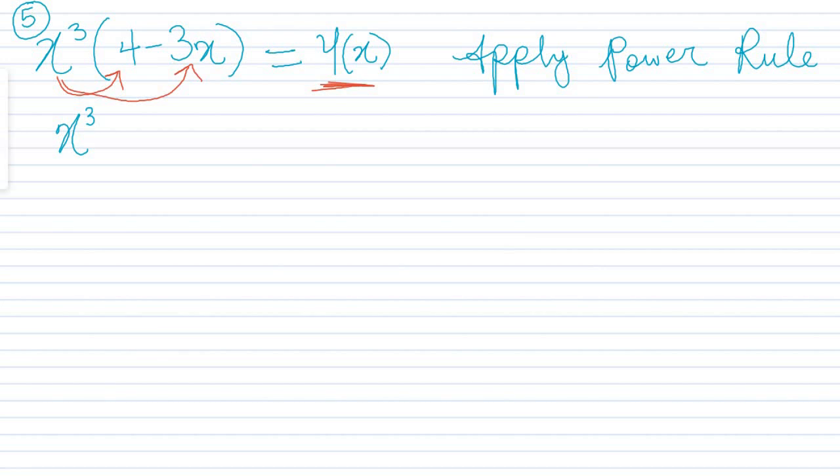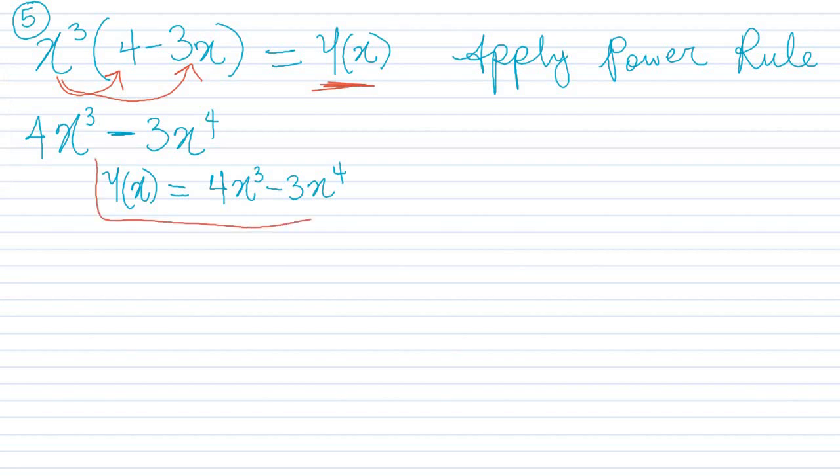What we end up with will be 4x cubed minus 3x to the 4th. So therefore our function becomes y of x equals 4x cubed minus 3x to the 4th. Now that we've done this, we can simply apply the power rule to solve this.